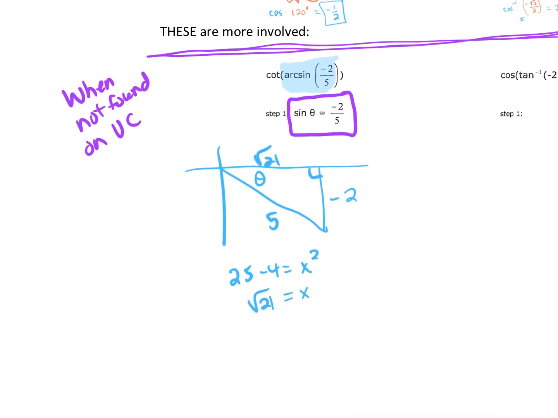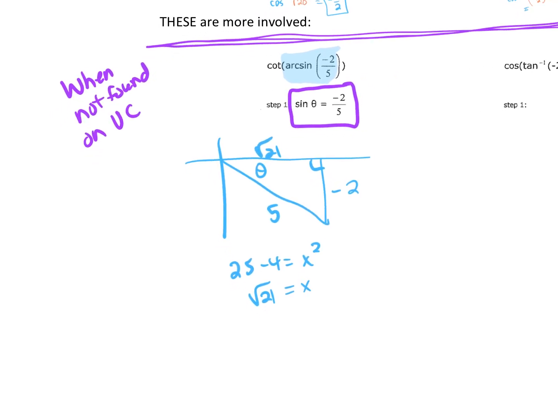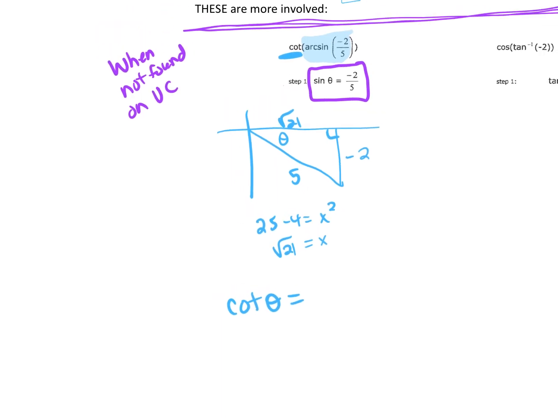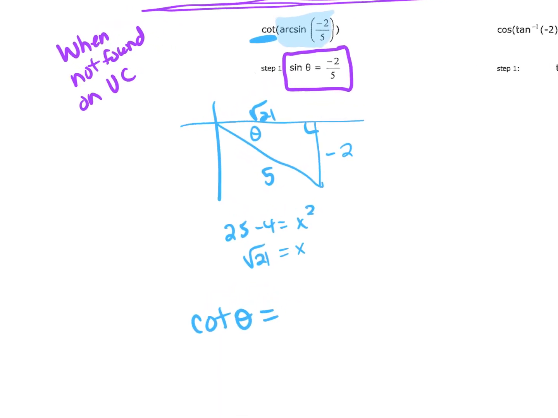And so we have our triangle, and now we need to go back to the original problem and realize what it was really asking us for is to figure out what the cotangent is. So if we want to figure out what the ratio is for the cotangent of theta, cotangent we know is x over y, or you can think of it as adjacent over opposite.